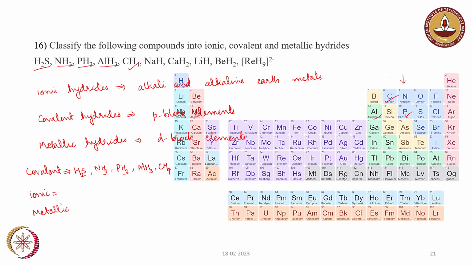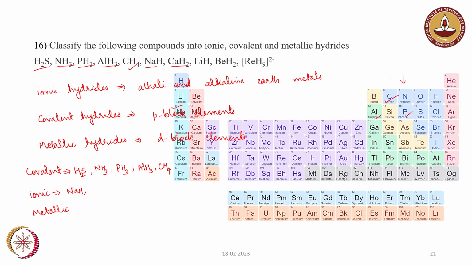Next one is sodium hydride. So sodium is in the alkali metals, so it's an ionic hydride. Then the next one is calcium hydride.